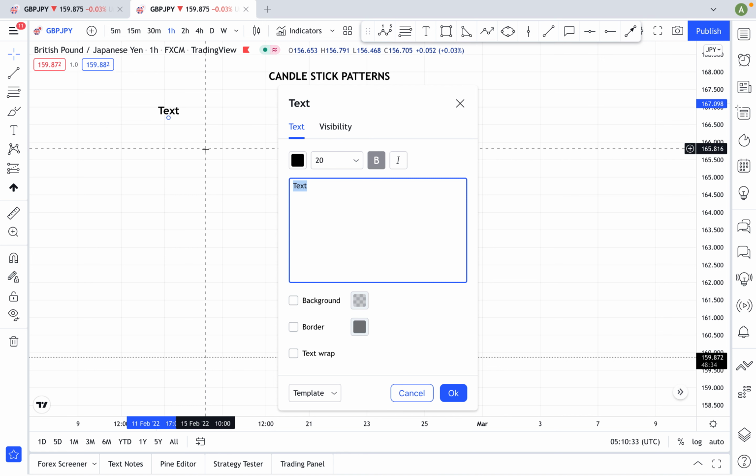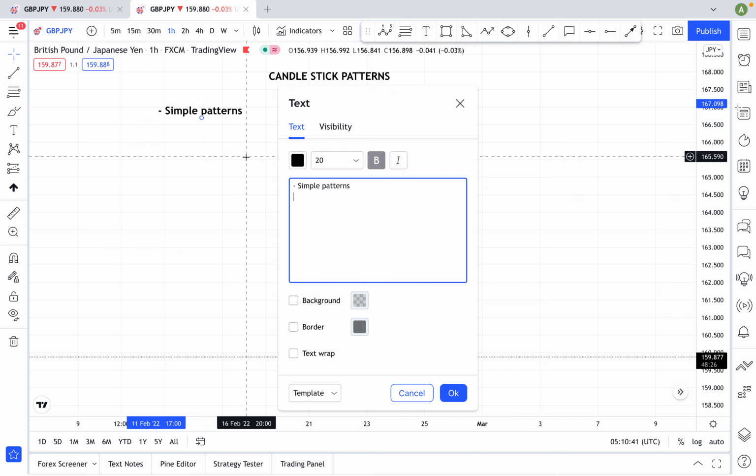The first category is the simple patterns. Let's just say these are the two patterns of candles that we have. The second one is the complex patterns.